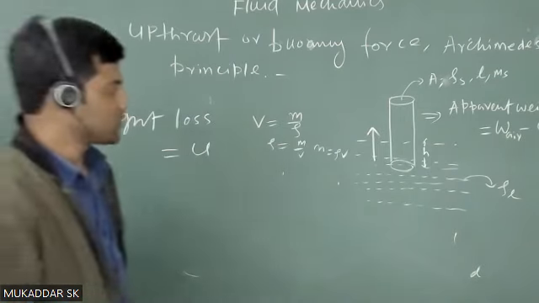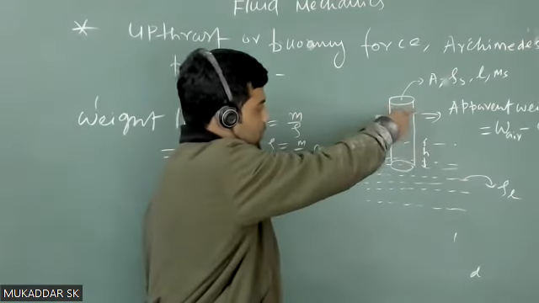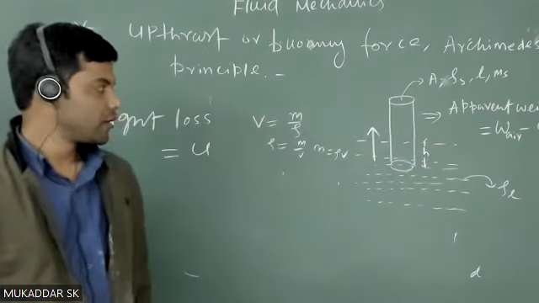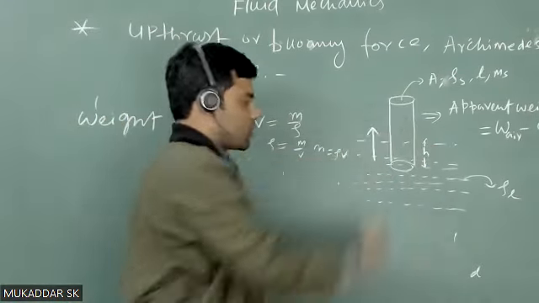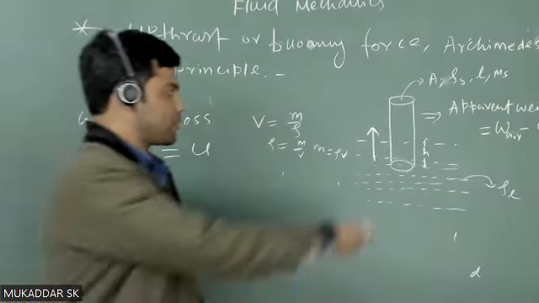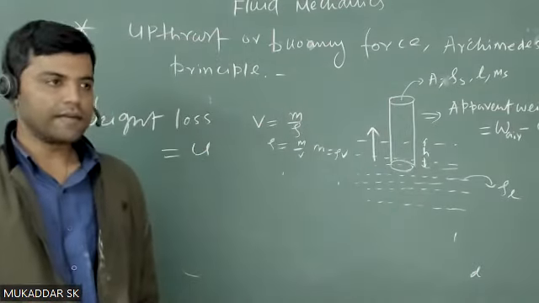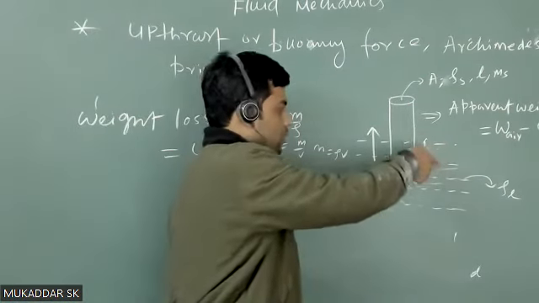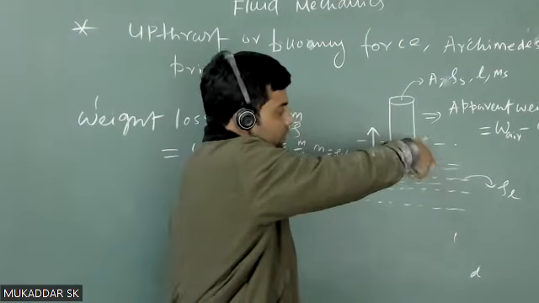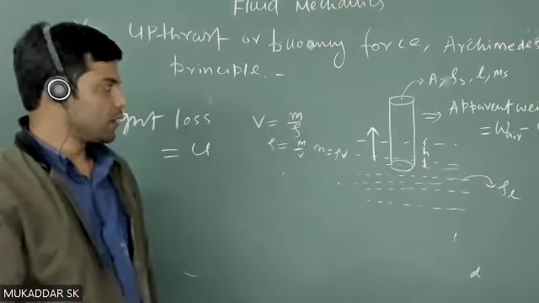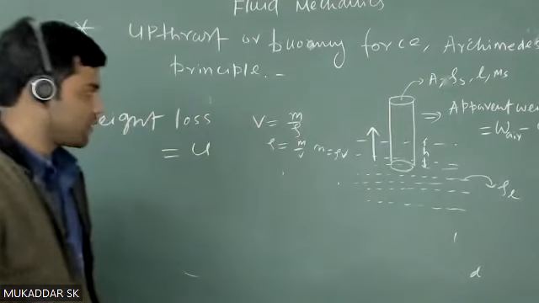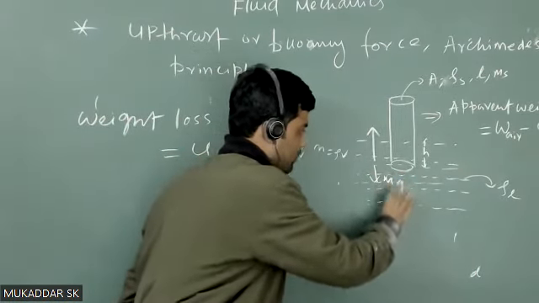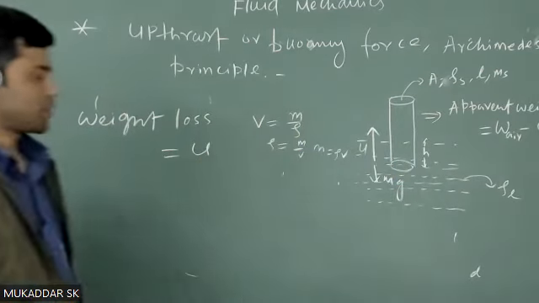And suppose this solid is inside by an amount of h length. If this solid or cylinder achieves the equilibrium condition, when the length of the solid inside the liquid is h, it means that mg is balancing with the upthrust force.